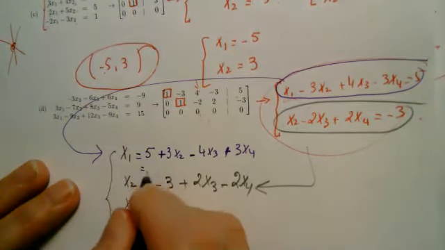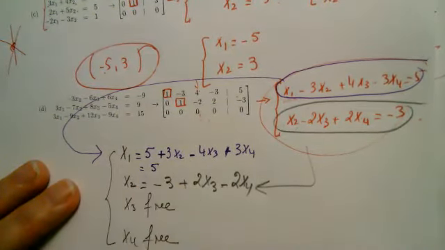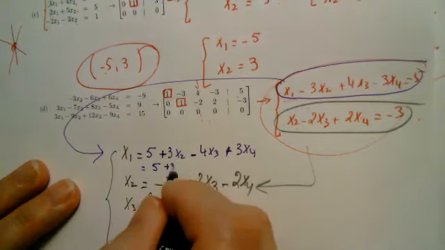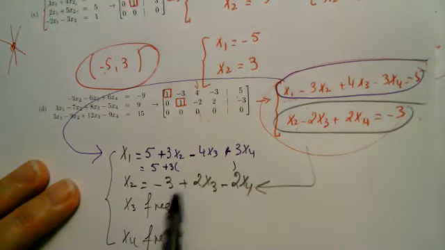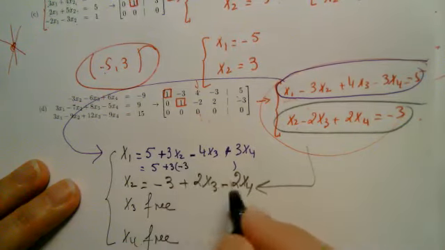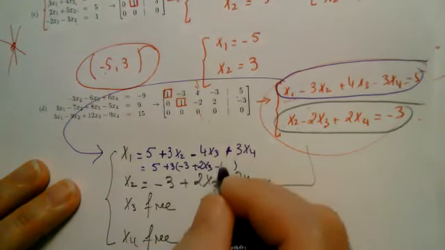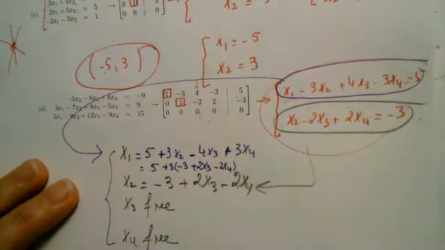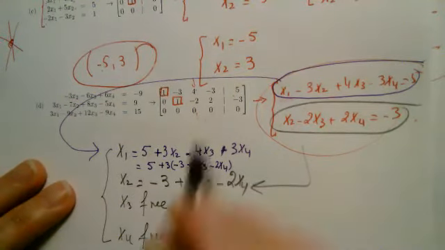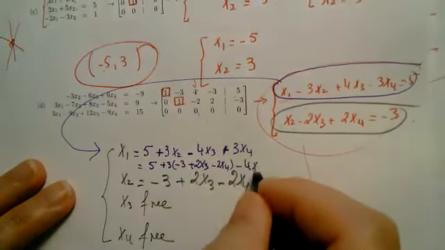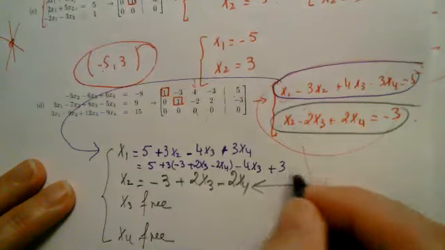So this will become 5 plus 3. Instead of x2, I have to substitute x2 by its value, which is minus 3 plus 2x3 minus 2x4. And then minus 4x3 plus 3x4.